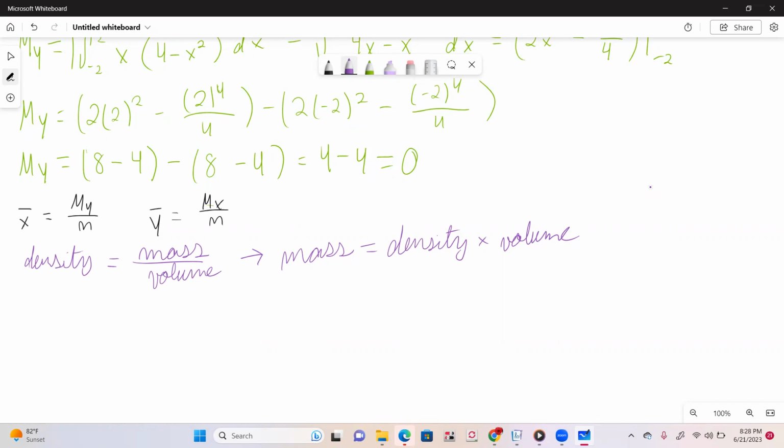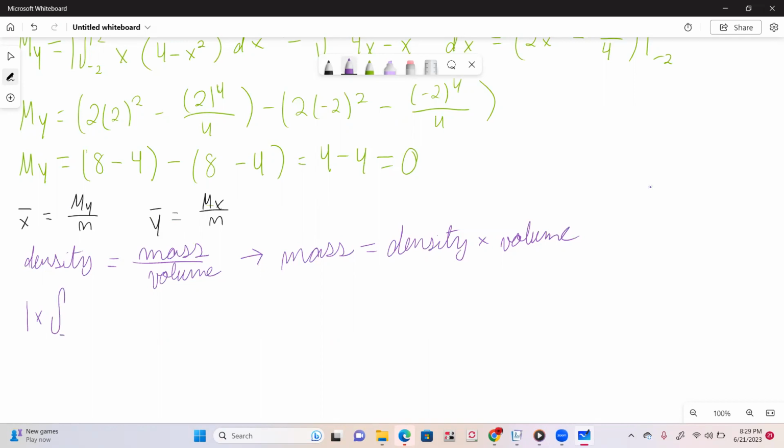Because we do know our density value, it's just 1. And we do know how to solve for volume in calculus. How do we solve for volume in calculus? Well, volume is just the integral of f of x, right? So we have density, which is just 1, times the integral from a to b.